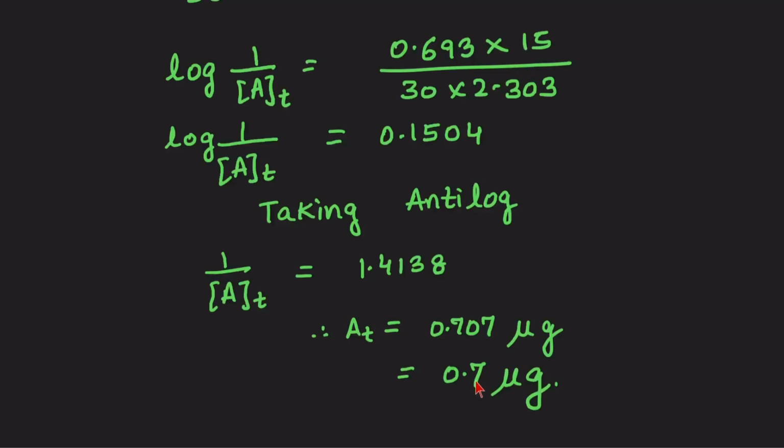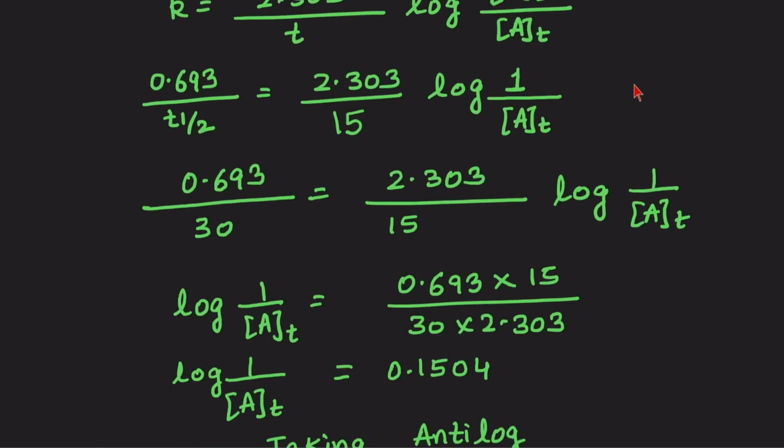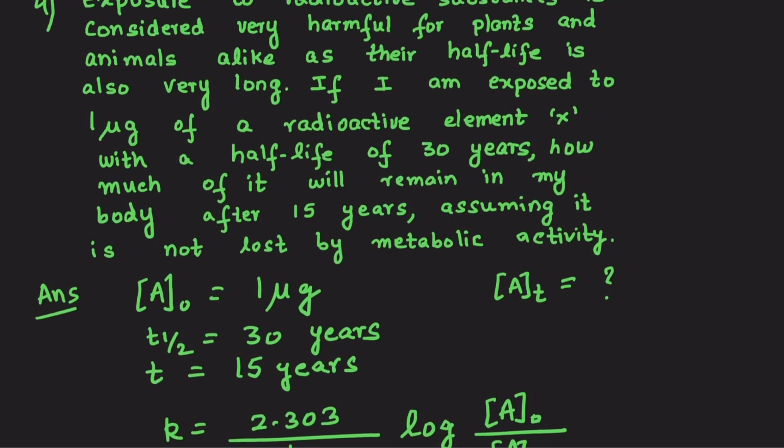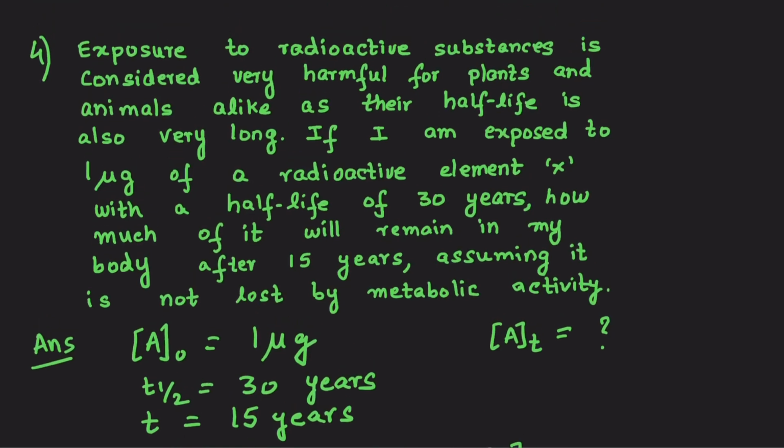So you realize the gravity of the problem, as to what exposure to a radioactive substance can do to the body and why it is considered so harmful. If you got this question right, there's another asterisk and a big, big smiley. Well done, you've come so far.